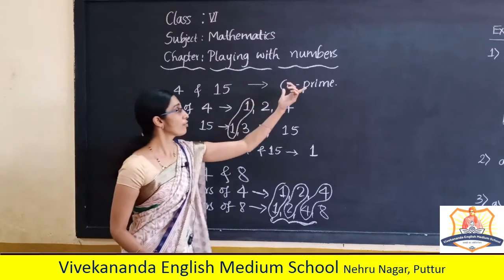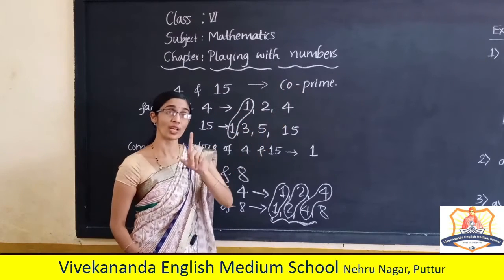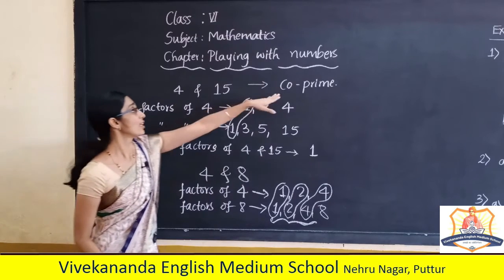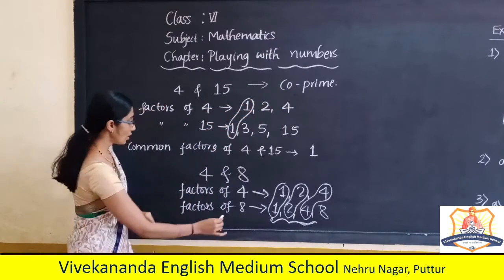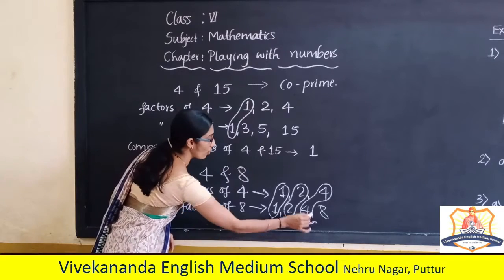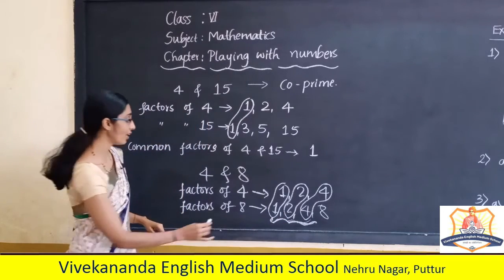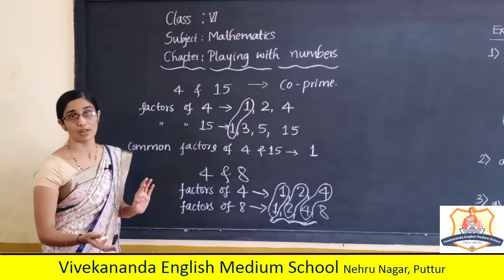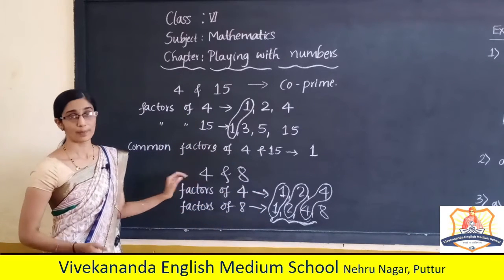What is the definition for co-prime? Only one as its common factor. This is the definition for co-prime. So this is having more than one common factor, and they are 1, 2 and 4, different numbers other than 1. So it is not co-prime.